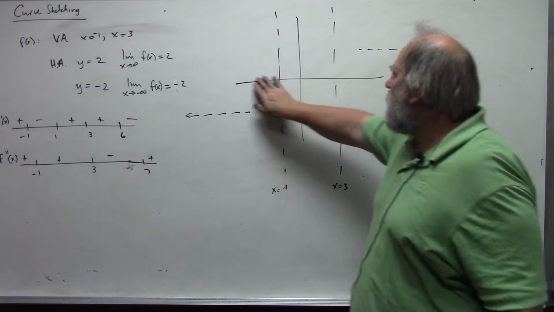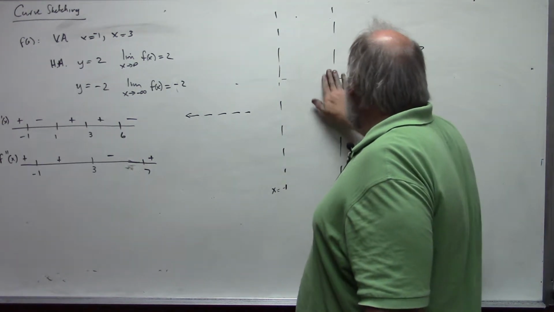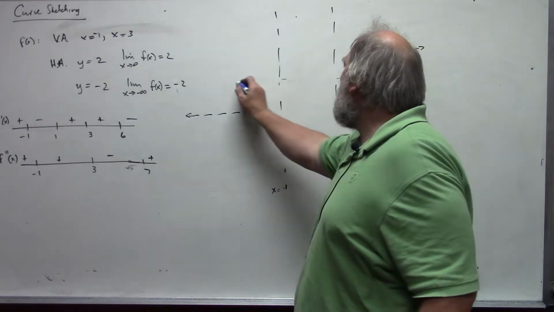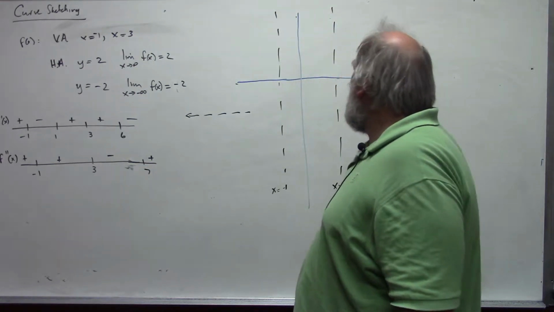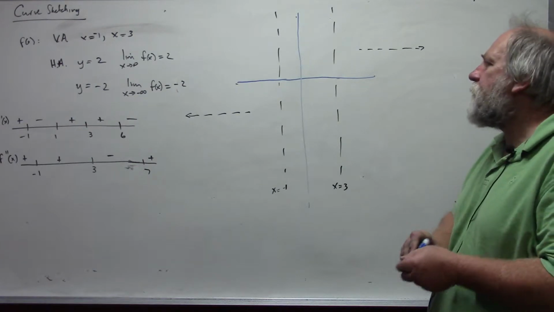Okay, I probably should have used different colors. I'll leave the asymptotes black and make my axis blue. Okay, and make my graph purple.